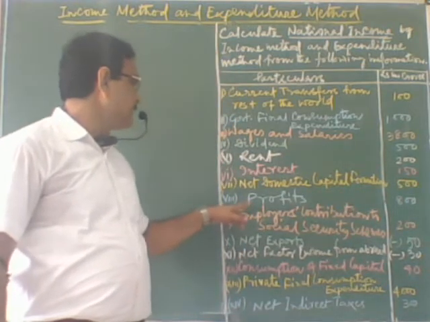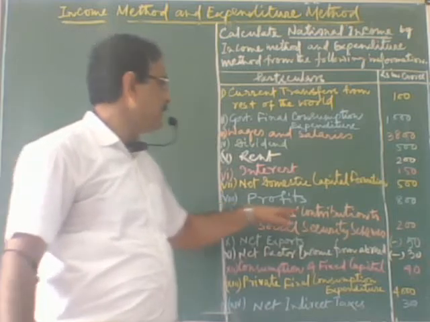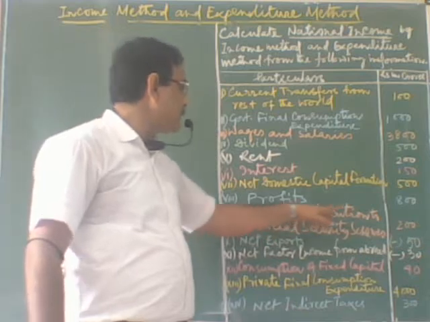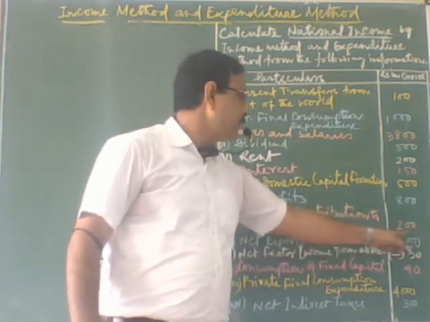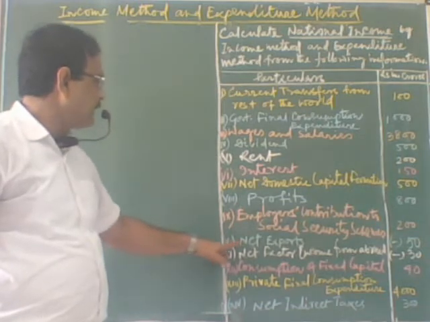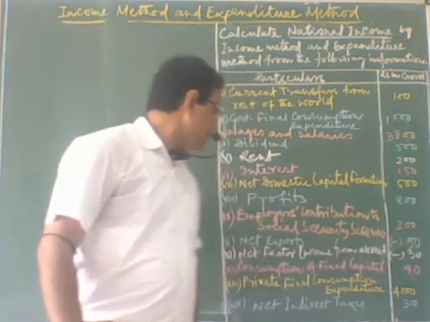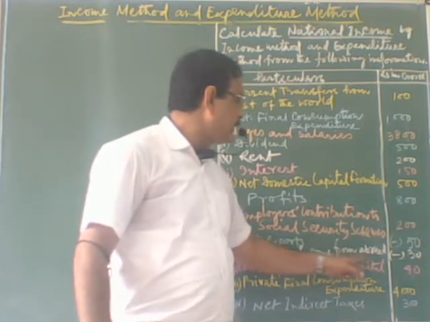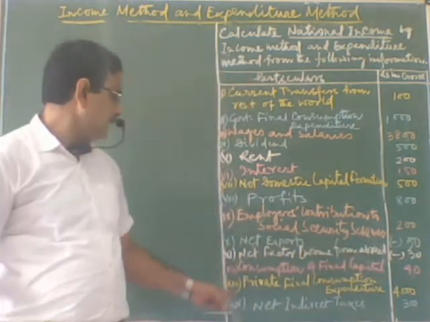Number 8, profit, is 800. Number 9, employers' contribution to social security schemes, is 200. Number 10, net exports, is minus 50. Number 11, net factor income from abroad, is minus 30.